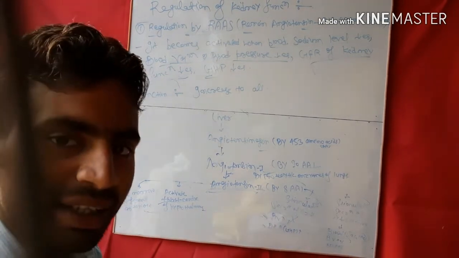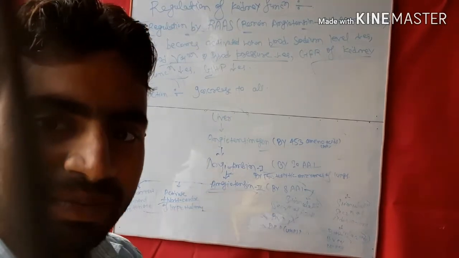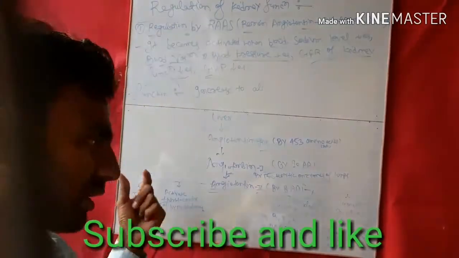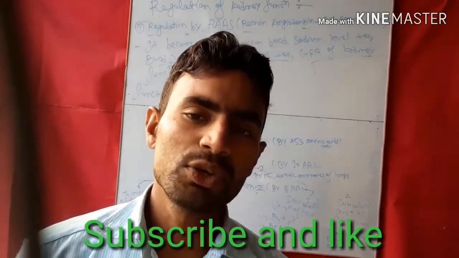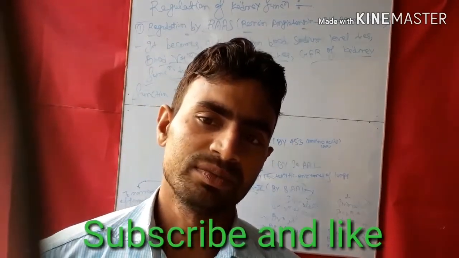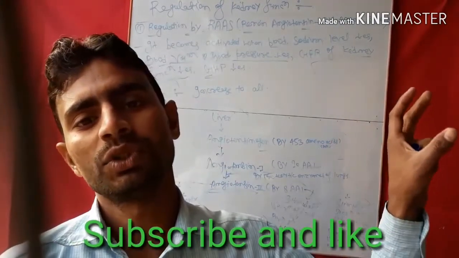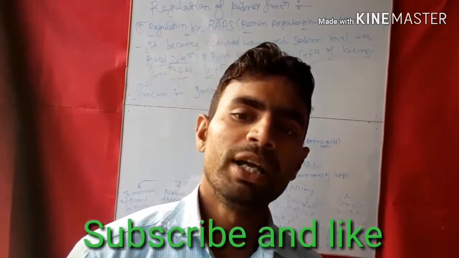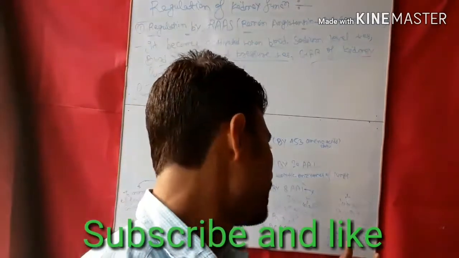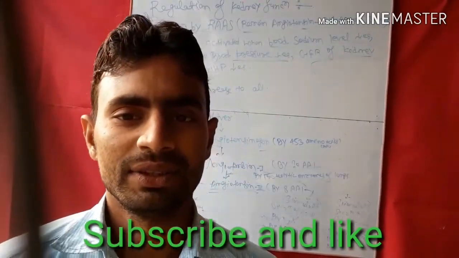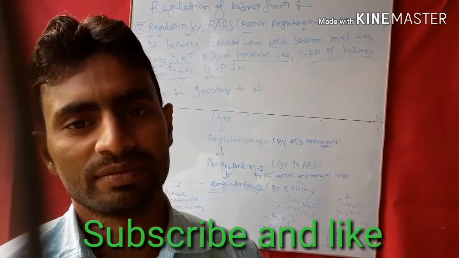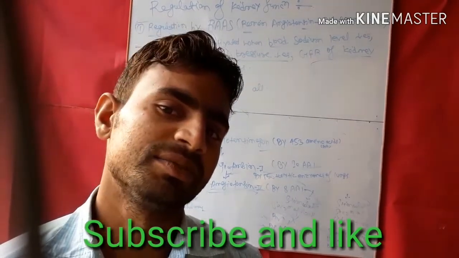This means when angiotensin second is secreted, all this happens. So RAS increases blood volume, blood pressure, glomerular hydrostatic pressure, glomerular filtration rate, and blood sodium level.